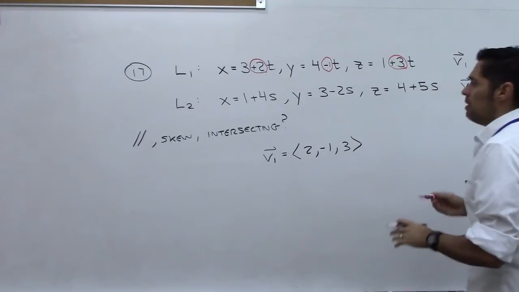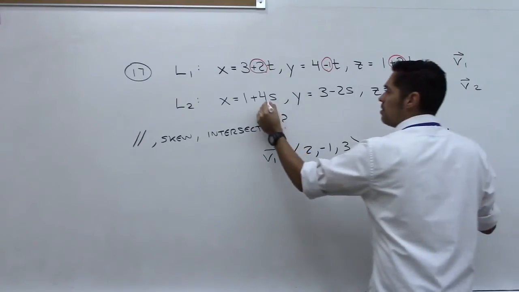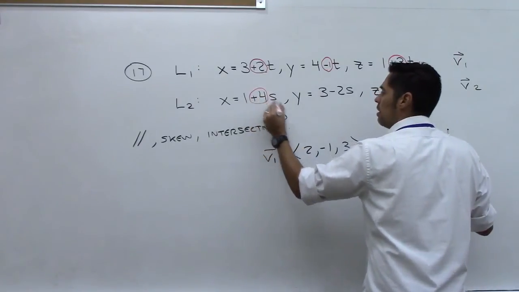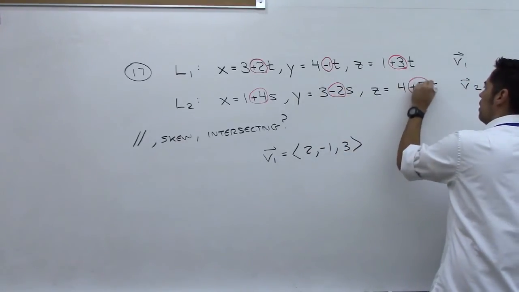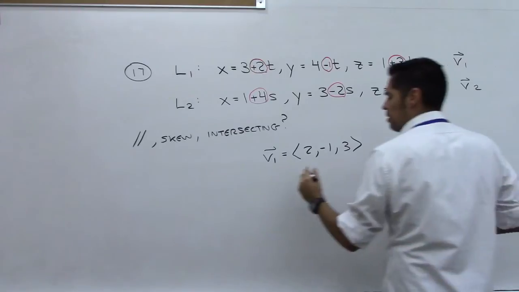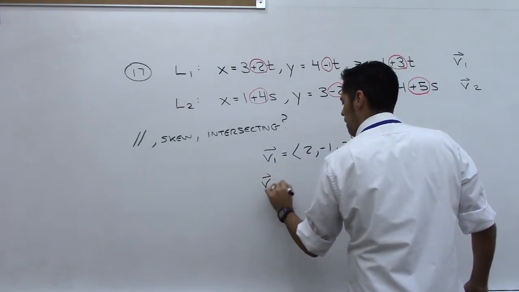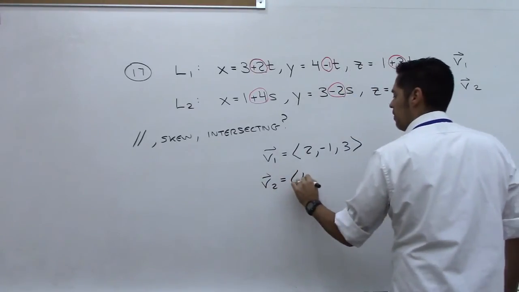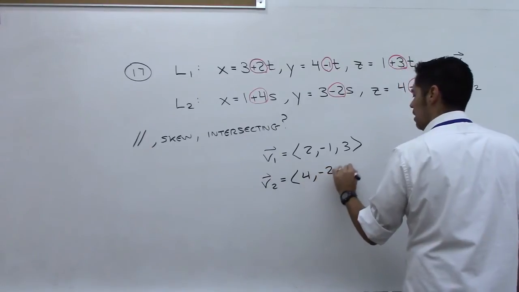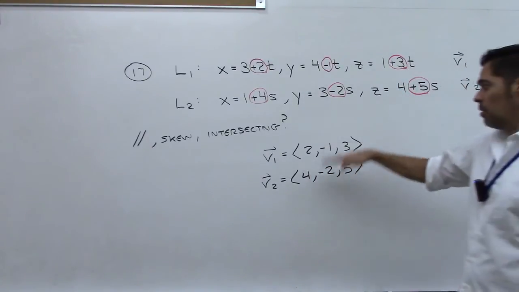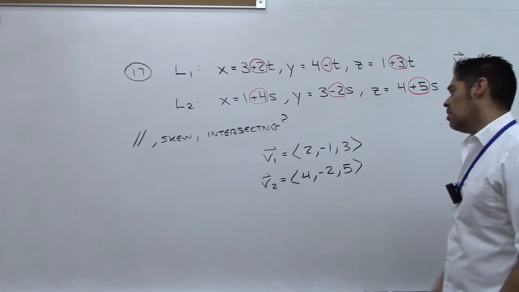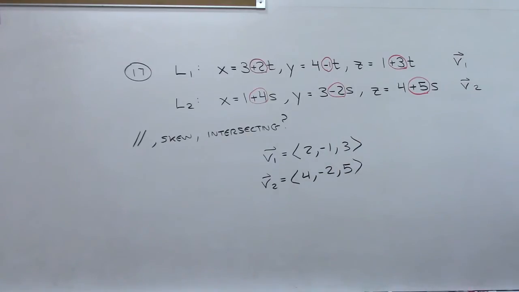is the vector 2, -1, 3. I can do the same thing for L2. I can find its direction looking at the coefficient of the variable, so 4, -2, and 5. So the direction of the second line is 4, -2, and 5. So the question is, are these parallel? So we go back to, how do you determine if two vectors are parallel?